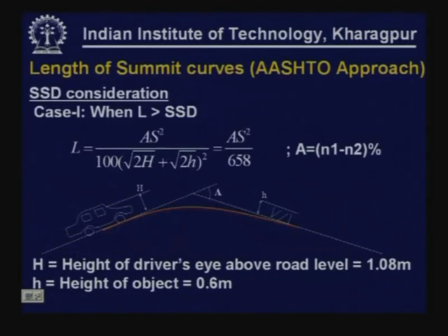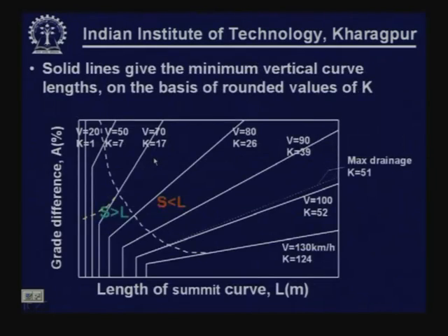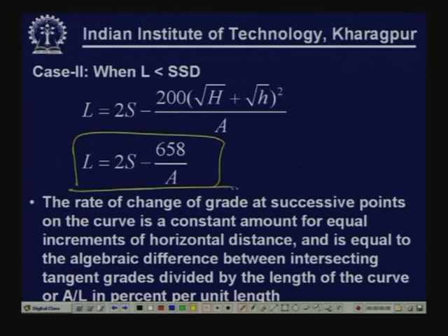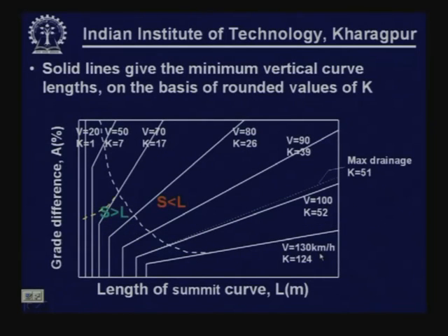On the right side it is the expression A square by 658, and on the left side it is the expression 2S minus 658 by A. So, for a small deviation angle, if we use that equation 2S minus 658 by A, then the theoretical curves to the left of this line actually take a turn, or bend like this, as indicated by this yellow line.